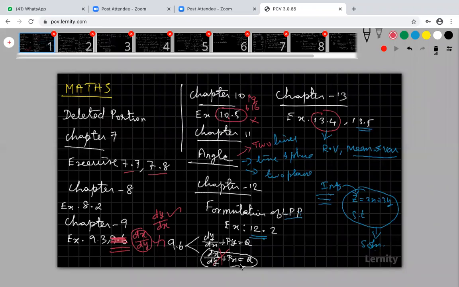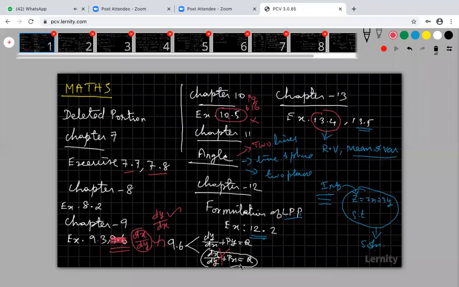And chapter number 10. It is exercise 10.5. But in your book, only 10.4 is there. 10.5 is given on the last page of your book as an additional exercise. This was already in our syllabus, but now it is deleted.